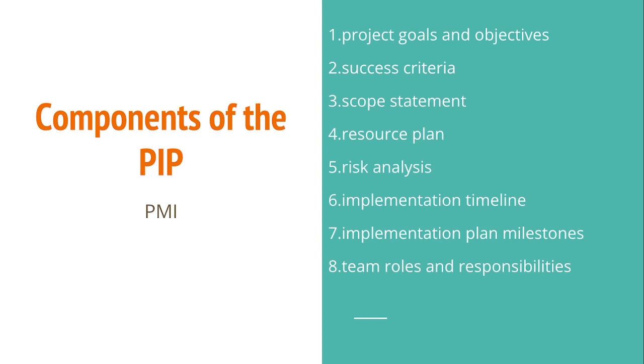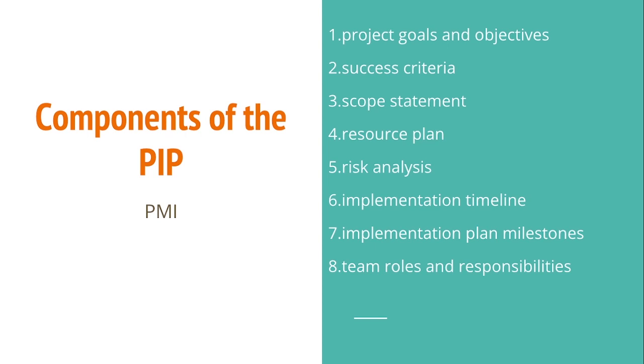So when you're doing your PIP, these are very important. The number one component for you to include is defining your project goals and objectives. Is it an app? Maybe my goal is to create an app that helps people in buying things from the market.